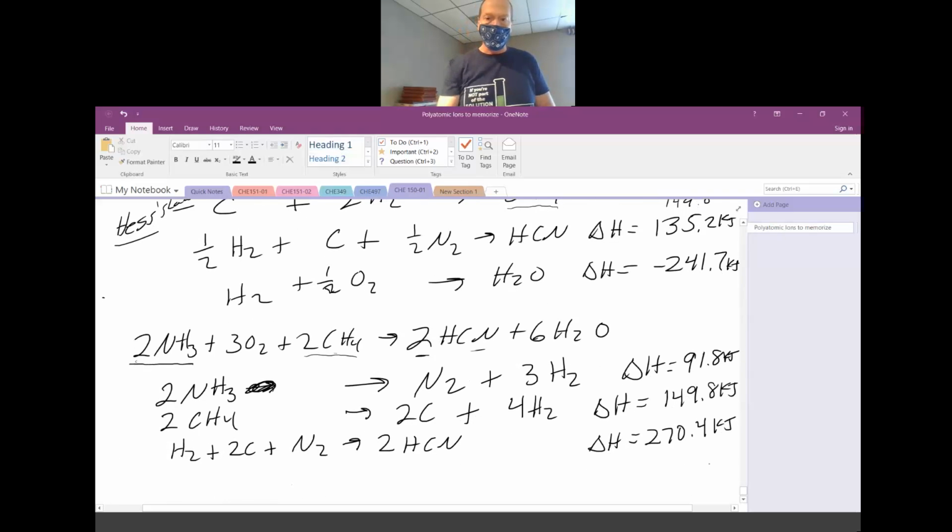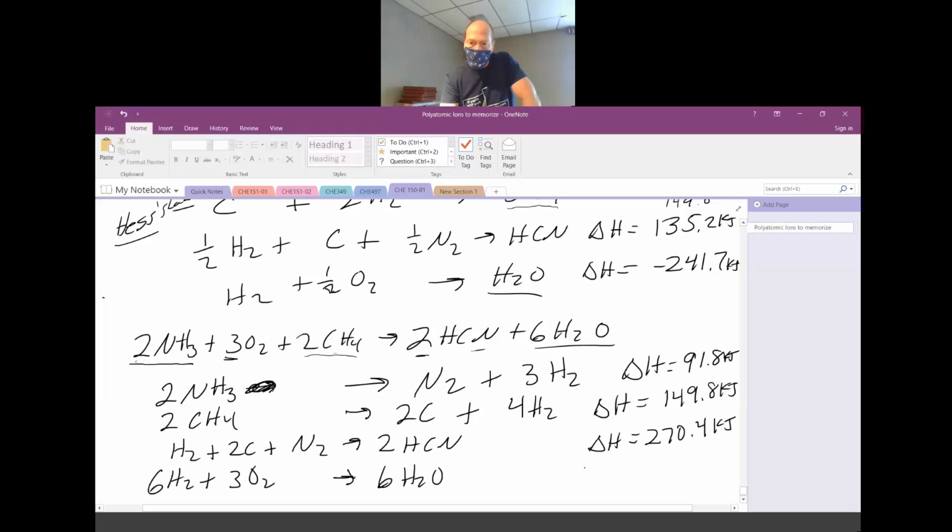All right, so then finally we see our water. We have 6 waters. And we also have 3 oxygens. And so this works out nice because we need to have 6 waters. It has to stay on this side. And so we have to multiply it by 6. And so we have 6 H2s plus 3 O2s, which is what we needed as well, yields 6 H2O.